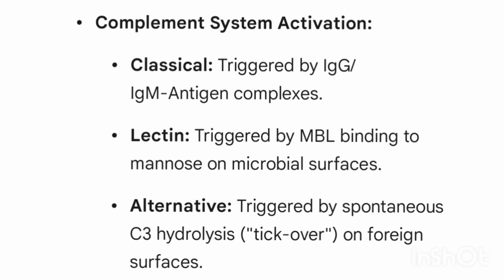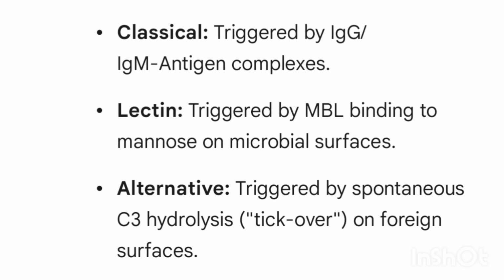Next, complement system. There are three types of complement pathways: classical pathway, lectin pathway, and alternative pathway. The classical pathway is an antibody-dependent pathway and it is triggered by the formation of soluble antigen-antibody complexes.